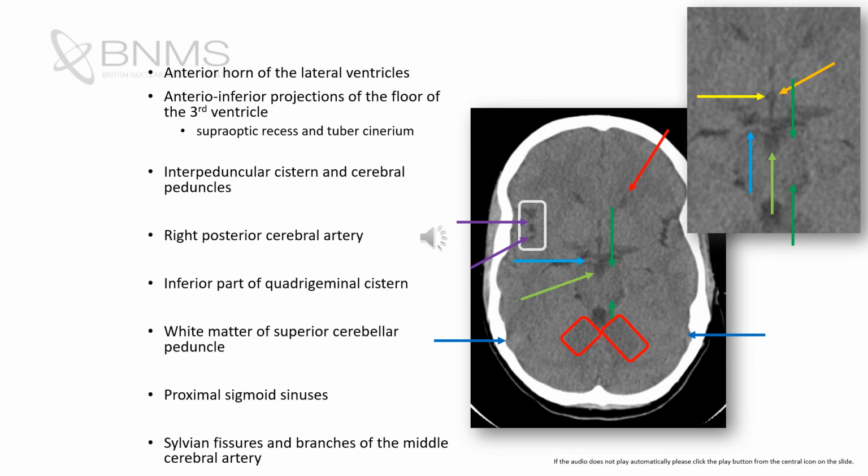Within the white oblong, we can see the right sylvian fissure, and the purple arrows indicate the tortuous branches of the middle cerebral artery within the sylvian fissure itself.